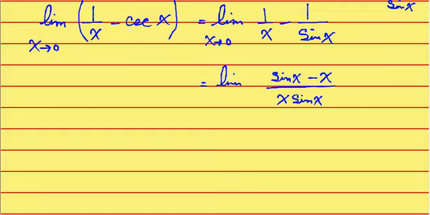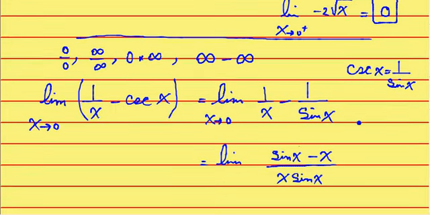Now pay attention that when x goes to 0, this whole thing is 0. 0 minus 0 is also 0, so we really have reached a 0 over 0 indeterminate form. So this problem immediately got converted to 0 over 0.